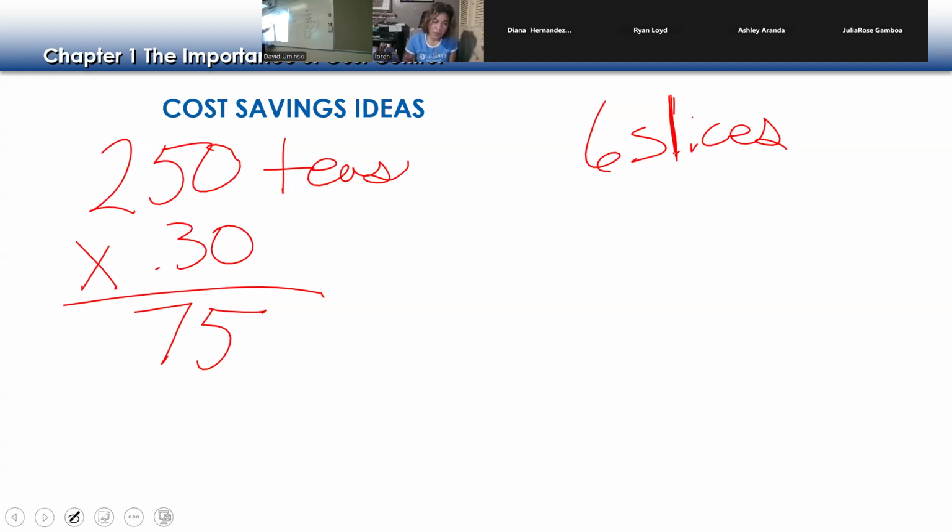Let's call it $1. Well, you know what? For some ease of math, let's call it 60 cents. So it's 60 cents per lemon. Divide by 6 slices is how much per slice? 10 cents per slice.